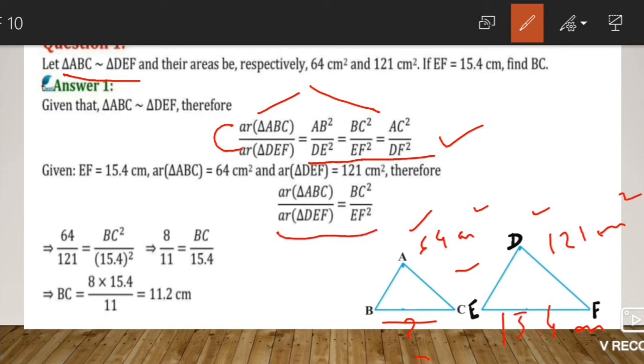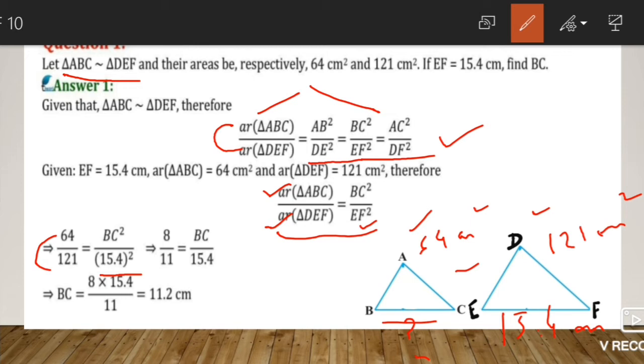Now area of ABC is given, area of DEF is given, and the value of EF is also given. So in place of these I am putting the values 64, 121, 15.4 whole square. Now just do the cross multiplication and solve this equation.